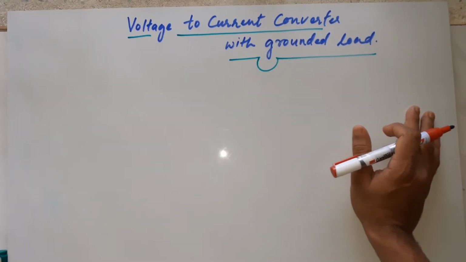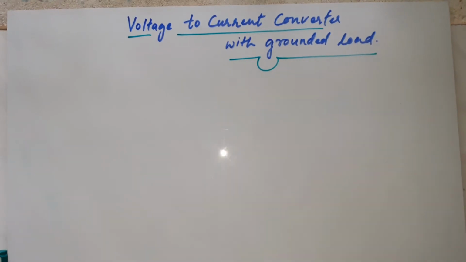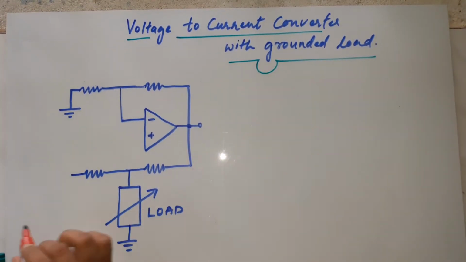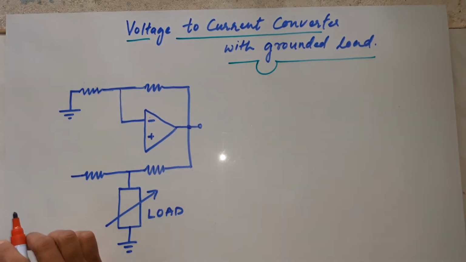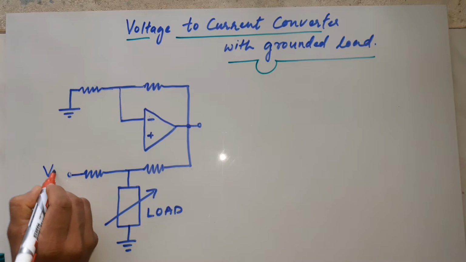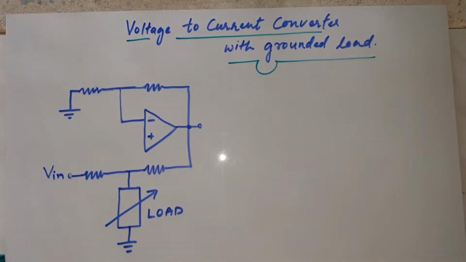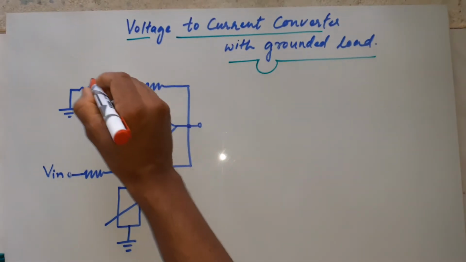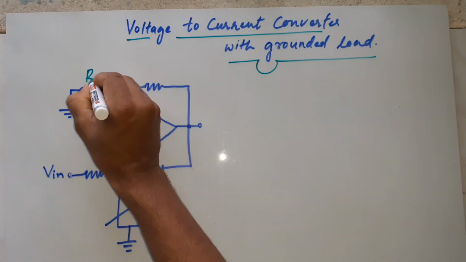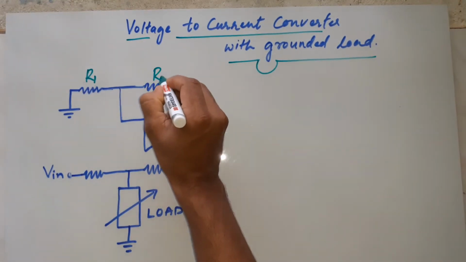Let us see. So this is your circuit. Let me draw. Yeah. See, this is your circuit. So here you will be applying your V in. All right. So let this be R1, RF.